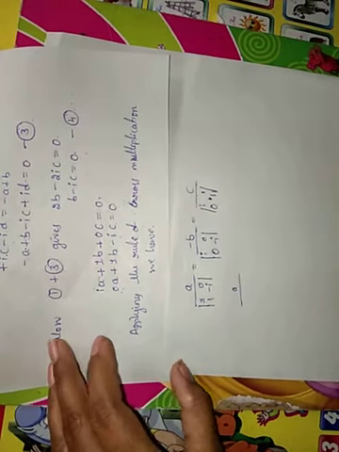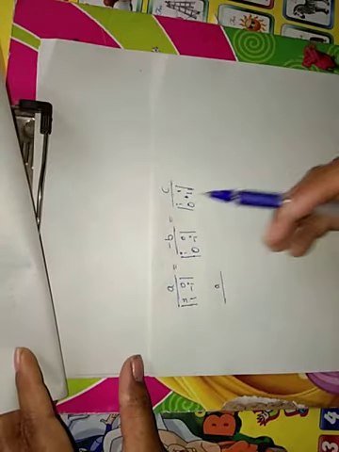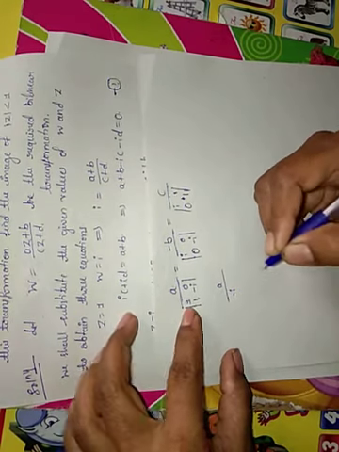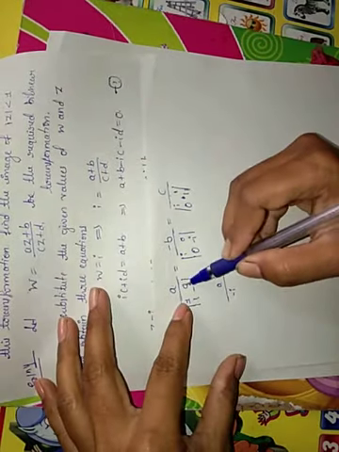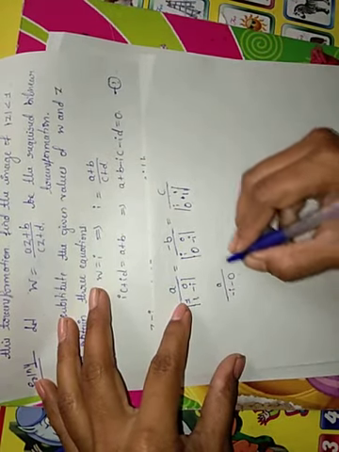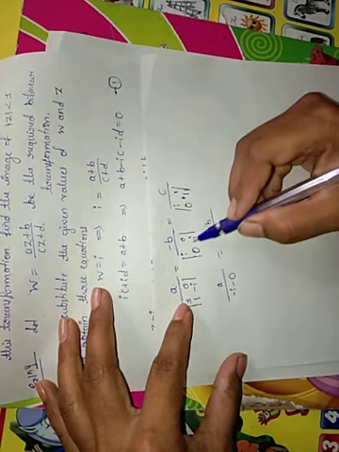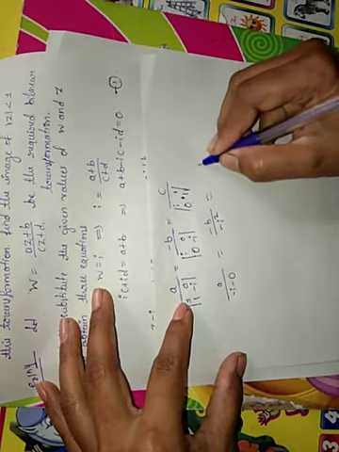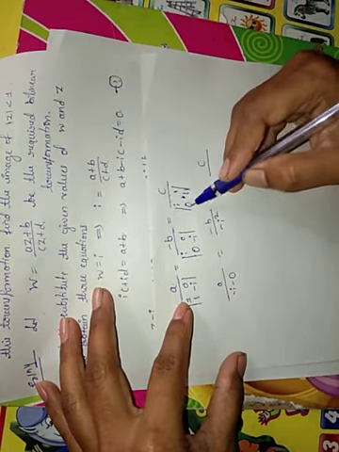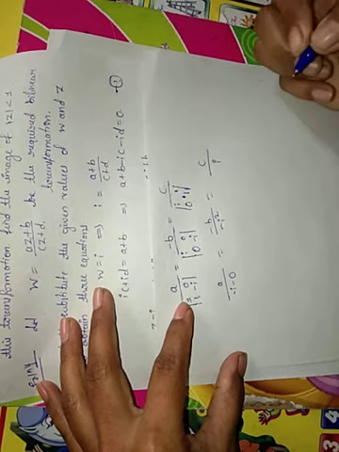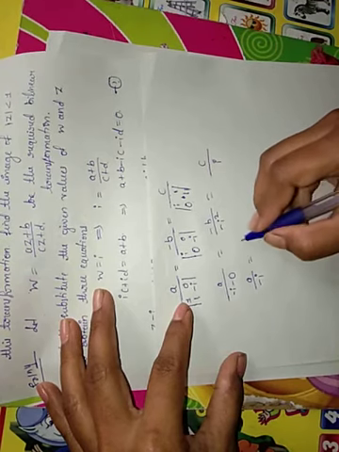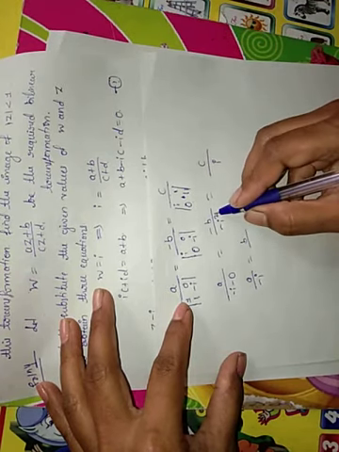Now we have to open the determinant. 1 into minus i, minus 1 into 0, gives minus i. Minus B divided by i into minus i, which is minus i squared, minus 0 into 0, gives 0. C divided by i into 1, which is i, minus 0 into 1, gives i. So A divided by minus i, and the minus sign cancels; i squared is minus 1.